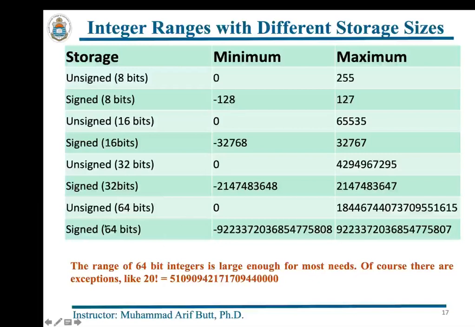Well, using 64 bits, we can store quite a large number. However, it may not be able to store the factorial of 20. Well, there does exist a solution, and we will talk about it in the next lecture, inshallah.